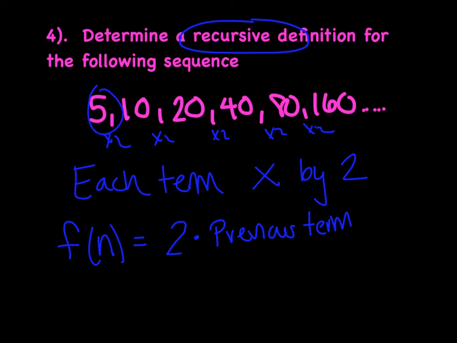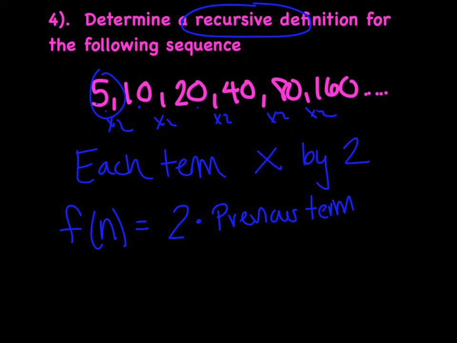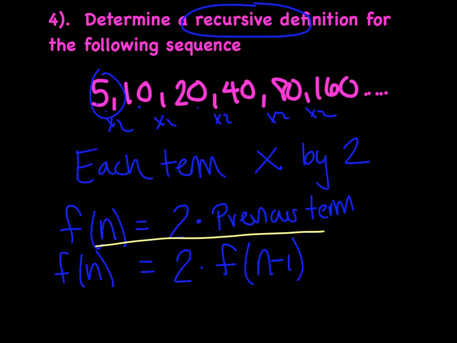It's 2 times the term before it. So 10 is 2 times the previous number. 20 is 2 times the previous number. Well, the previous number is just the number in front of n. So I'm going to say f of n is equal to 2 times f of n minus 1. If n is the number I want, the previous term is the number before it, so n minus 1.